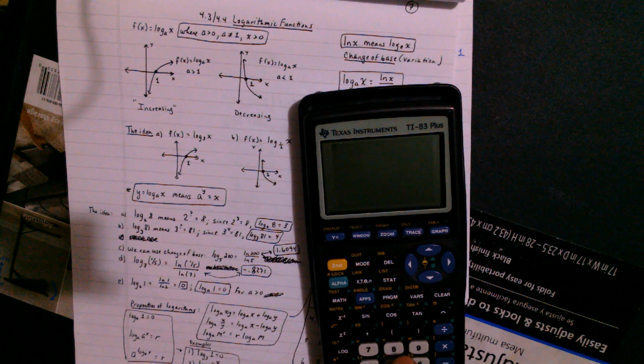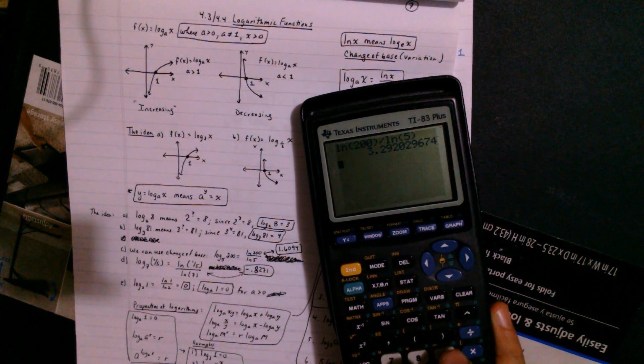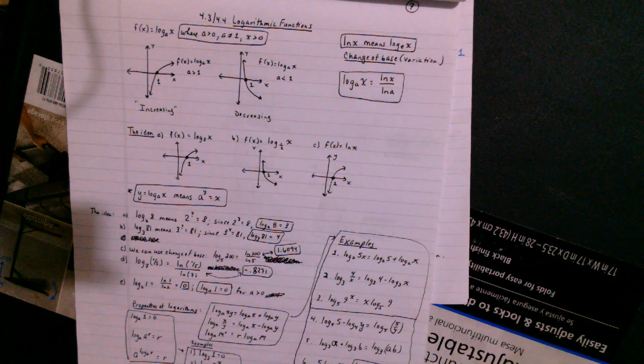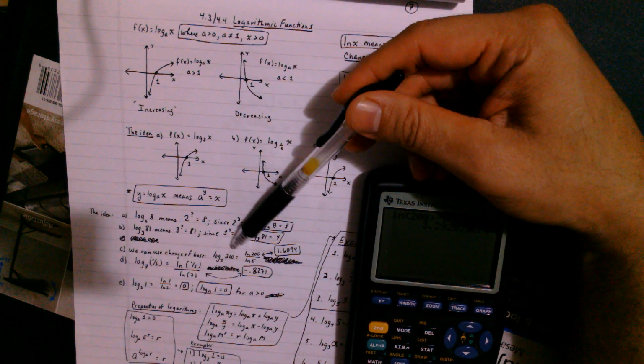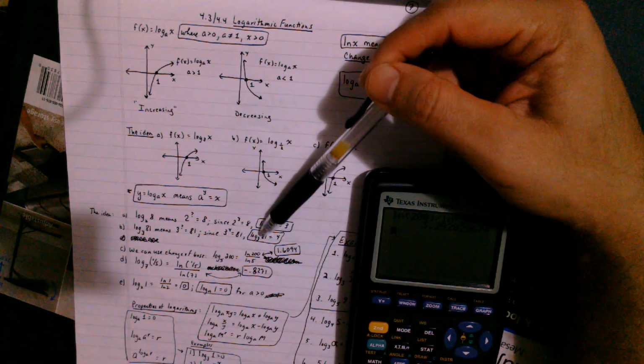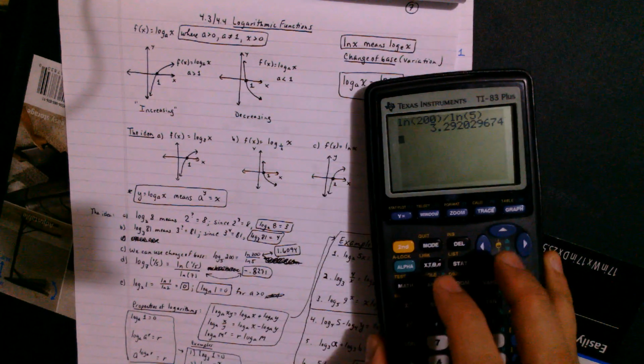So log base 5 of 200: change of base will be natural log of 200 divided by the natural log of 5. So that essentially will be 3.292.